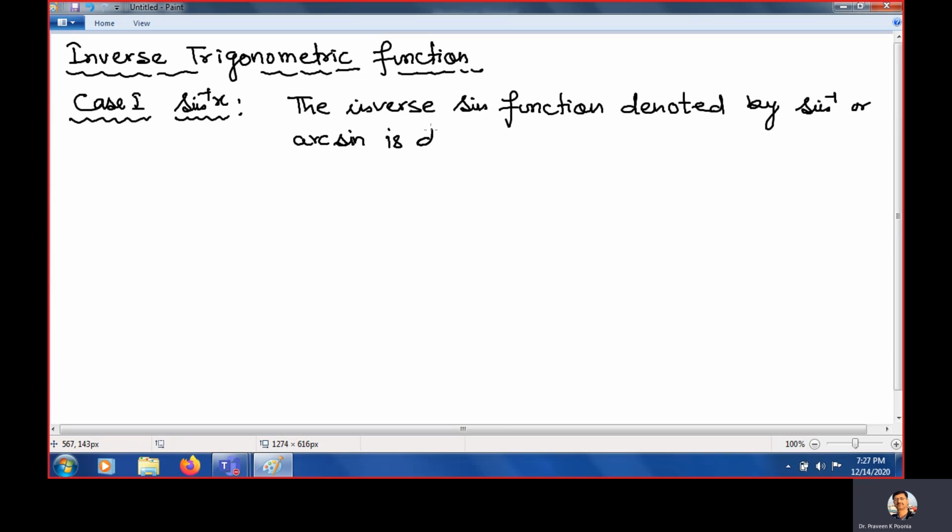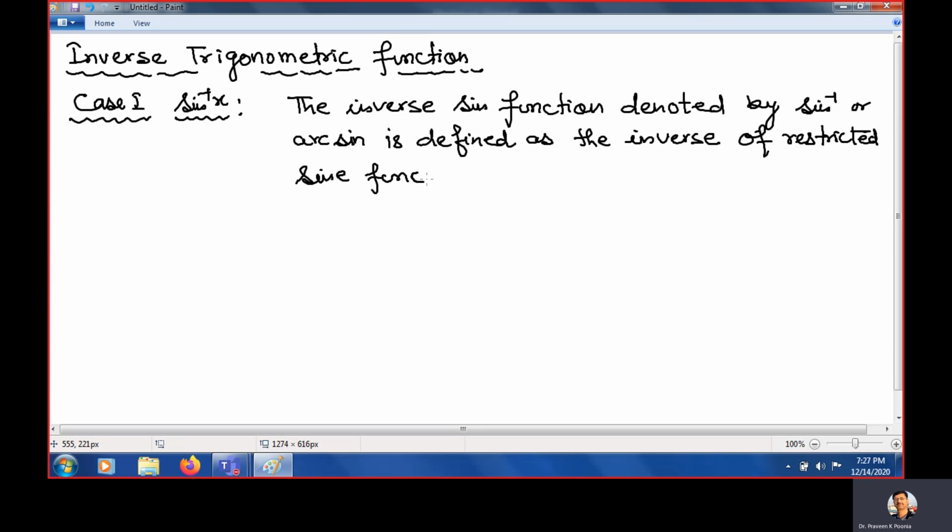And it is defined as the inverse of the restricted sine function y is equal to sine x.